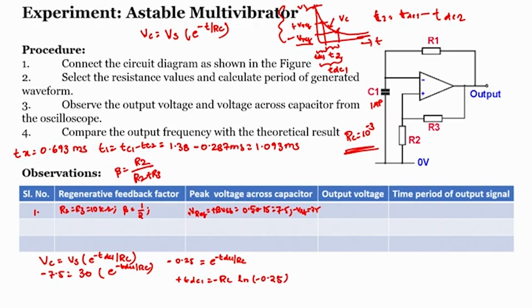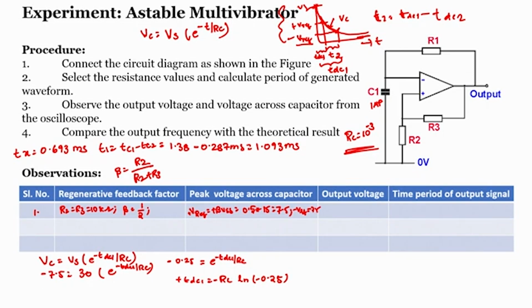Sorry, this is not 7.5. I am discharging from 15 volts to minus 7.5, that is when I convert into 30 volts, it will become total 30 minus 7.5.